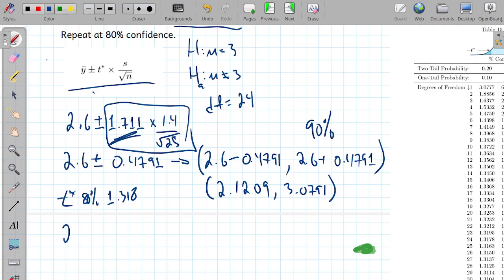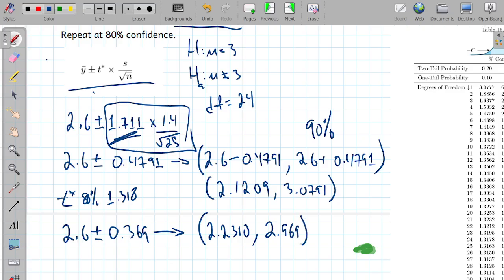So that's going to give us 2.6, and the new margin of error is 0.369, and that turns into a confidence interval, lower bound of 2.2310, and an upper bound of 2.969. Wait a minute. Yeah, no, that's right.